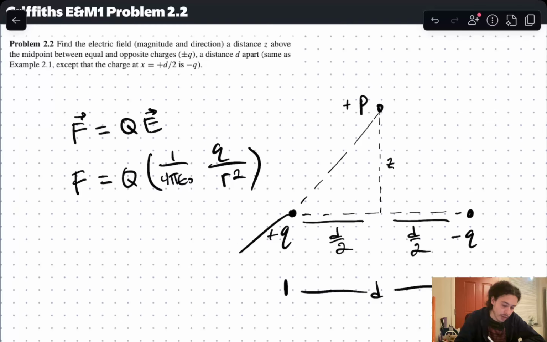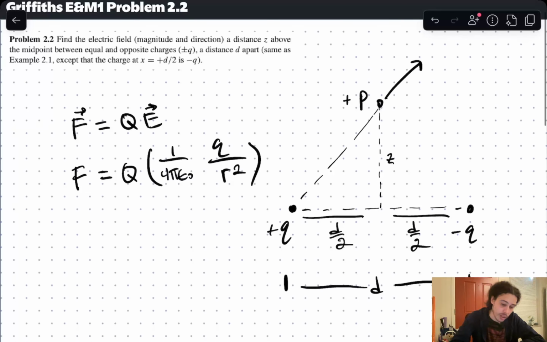We're looking at point P. And from this interaction, if there was a charge there, it'd go that way. And arbitrarily, I assign that to be the magnitude of the electric field. So the same direction. E1, R1.